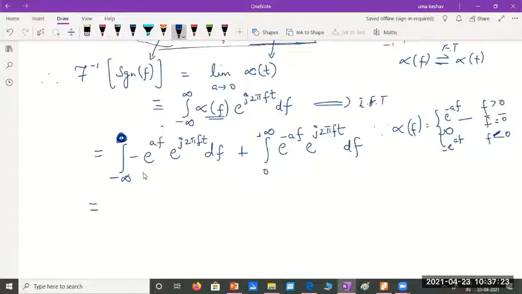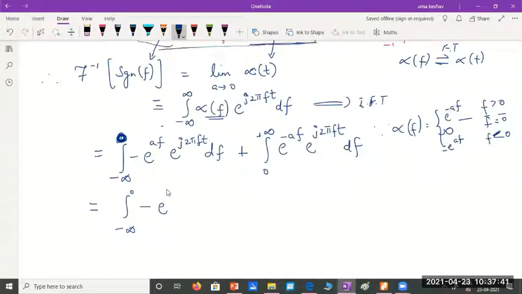So can you simplify this? Please simplify this. Again, I can't sit and solve the whole thing. Somebody can simplify and give me the answer.